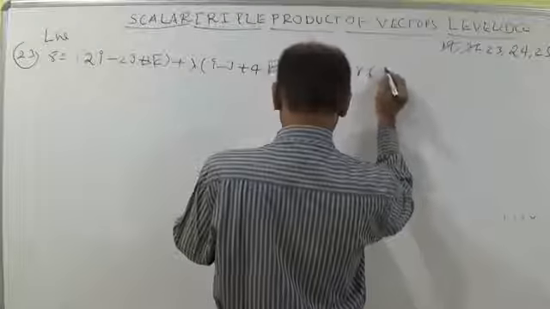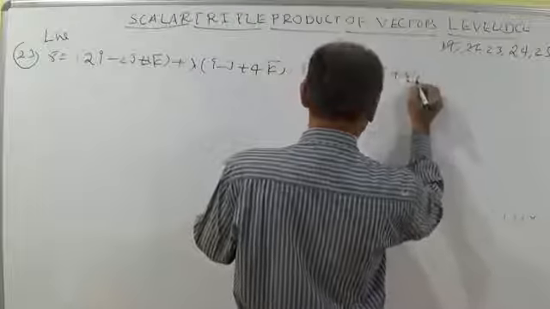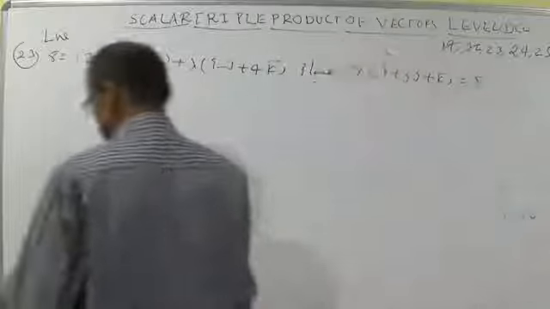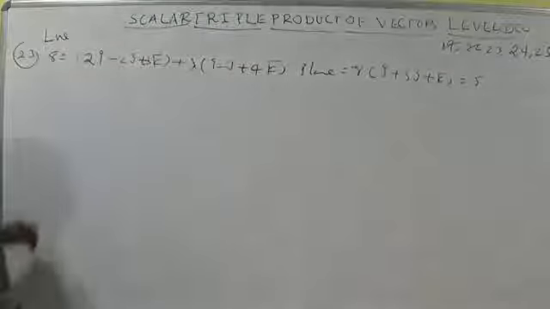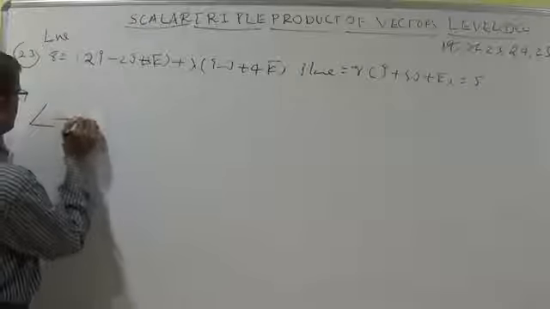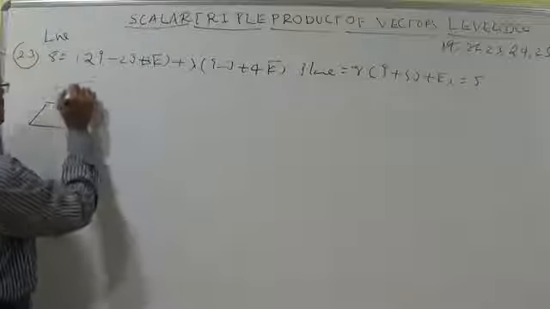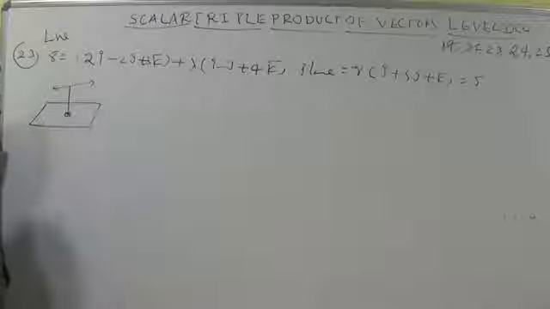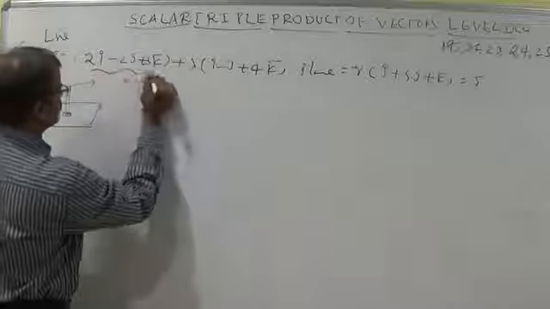Plane equal to r bar dot i plus 5j plus k equal to 5. Whenever you should calculate the perpendicular distance between line and plane, this is the perpendicular distance you should calculate. This is the A bar.